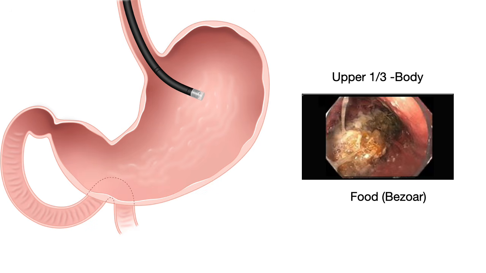And whenever you see a large amount of food or fluid in the stomach, it is a good idea to come out rather than risk continuing to do the procedure. And the risk is aspiration. Aspiration pneumonia is very dangerous.